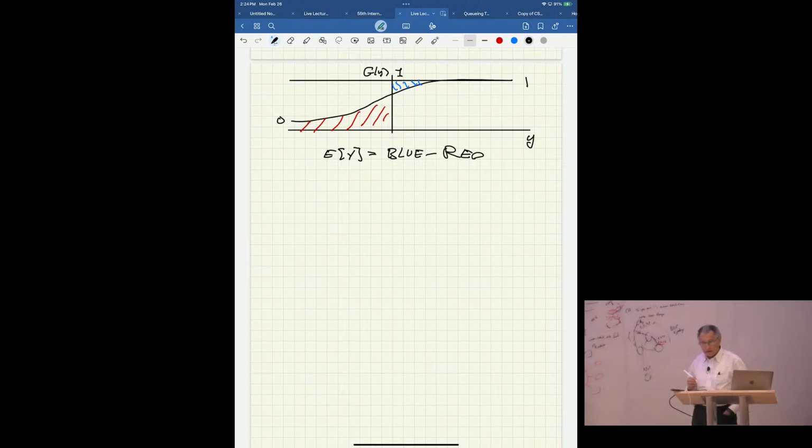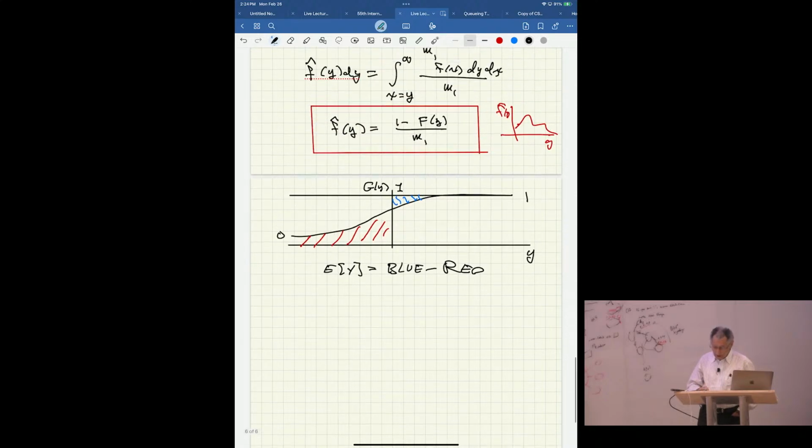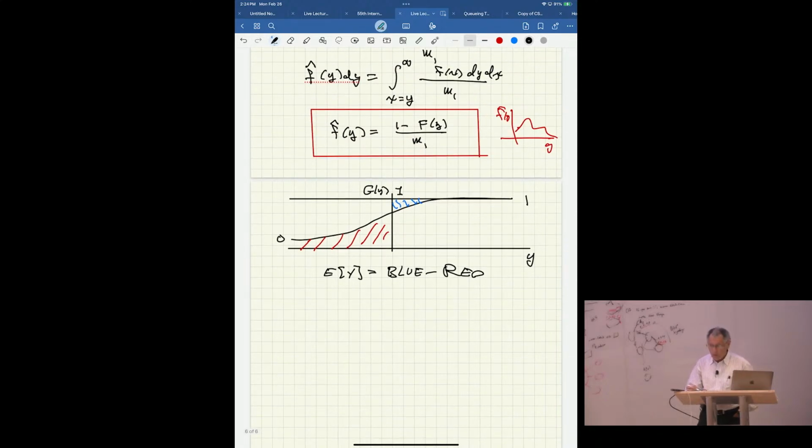The blue area minus the red area is the mean. Turns out you can prove it very easily. I think it's even a homework assignment. It's very nice, by the way. It gives you a feeling for what the mean really means. You can see in this picture, the mean is negative, isn't it? Because there's more red than blue. Okay, well, you look up here, what we have, this 1 minus F of y is like a blue area. Right?